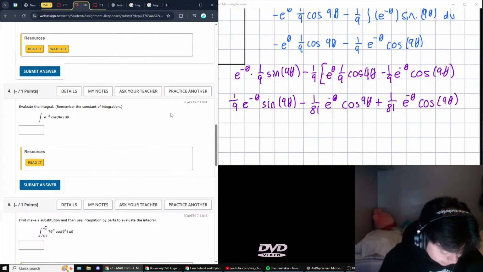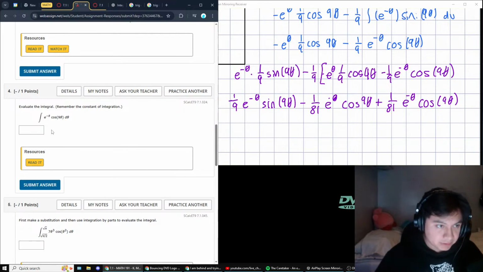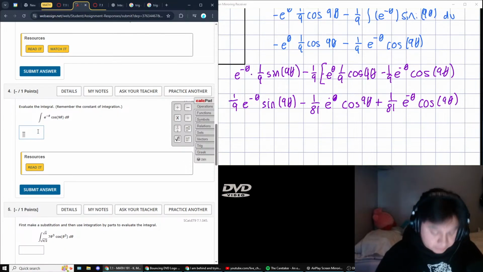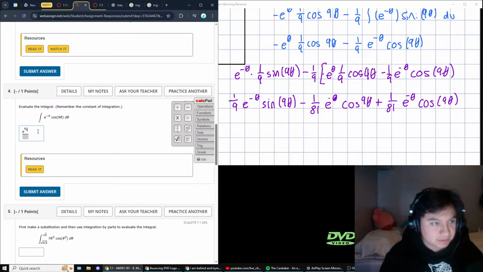I guess I can try the chat answer real quick. See if chat's correct. If chat's not correct, then I know. This is what chat's giving me, and it is literally the most insane thing ever.